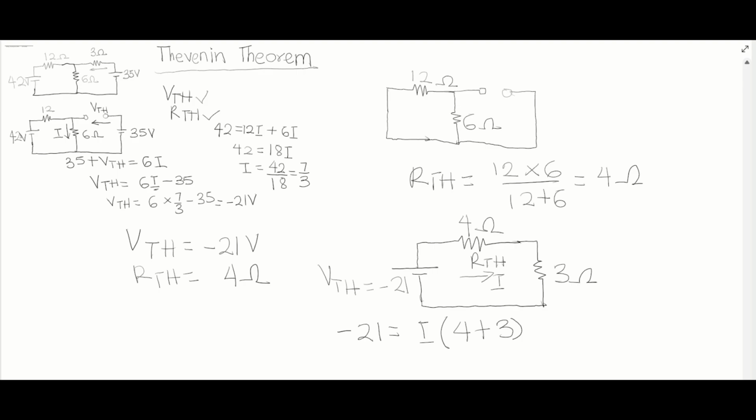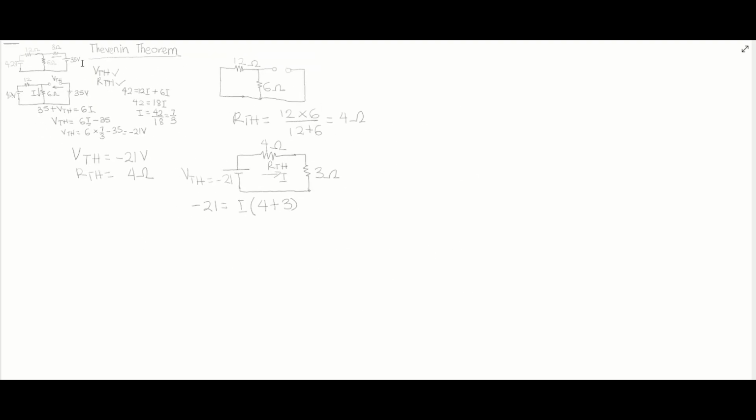So that should give you this to be equal to minus 21 divided by 7. So that should give you minus 3 amps as the current through the 3 ohms resistor.